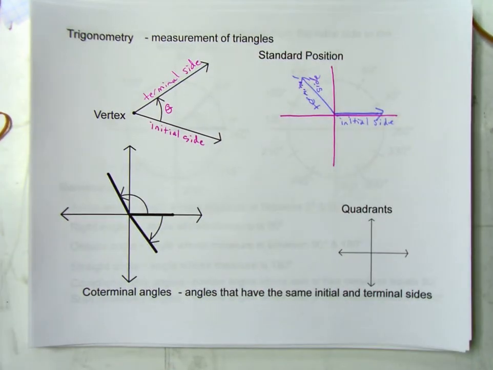Now, you learned in geometry when we were talking about rotations that you could rotate clockwise and counterclockwise. This is why the counterclockwise rotations were positive and the clockwise rotations were negative.